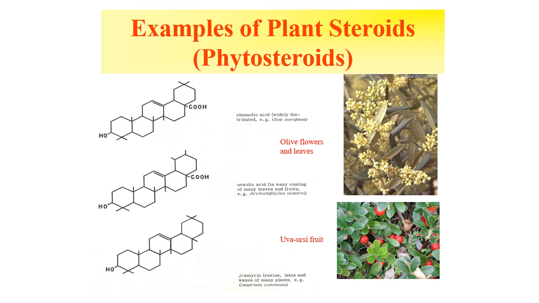From olive flowers and leaves, oleanolic acid, which is very widely distributed. Ursolic acid is in the waxy coating of many leaves and fruits like uva ursi, and beta-amyrin is found in a number of plants. It's very common in nature. So these are examples of plant steroids that have other effects, like maybe they would relax the gut or promote good digestion.